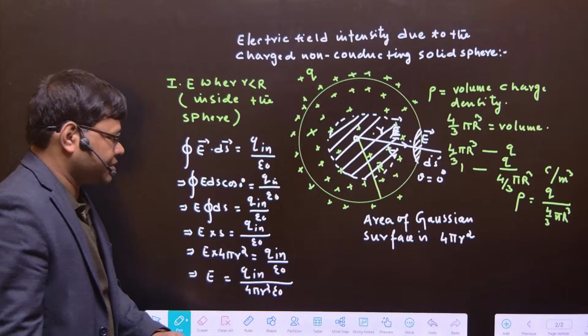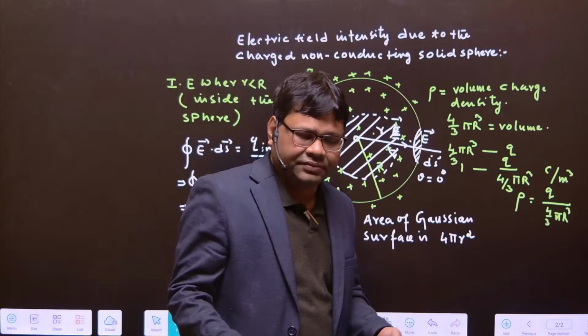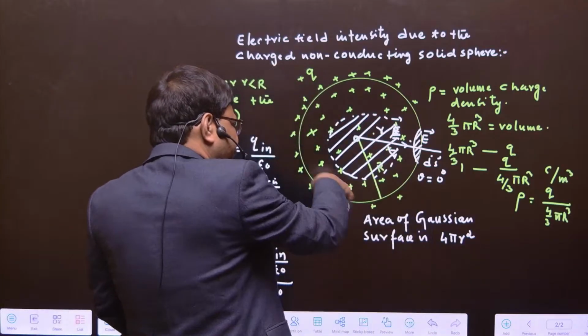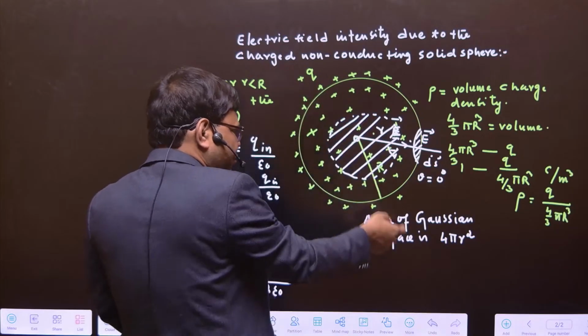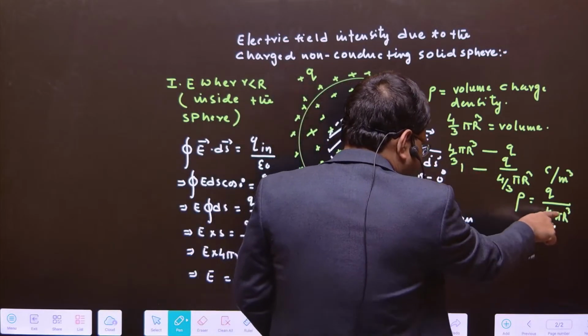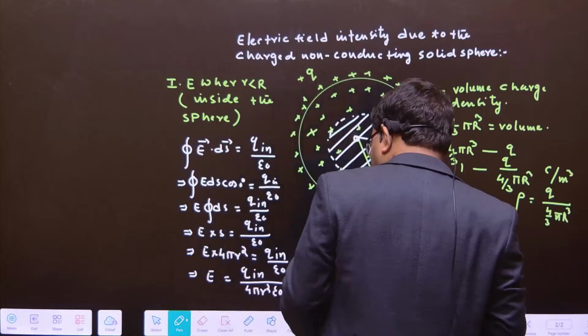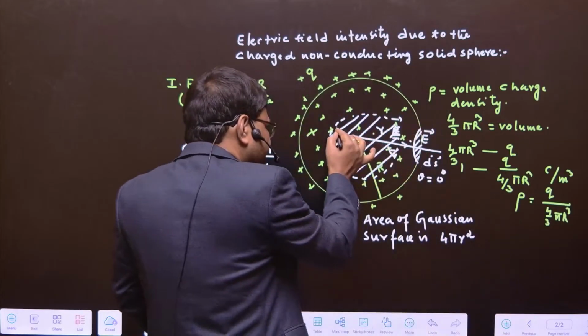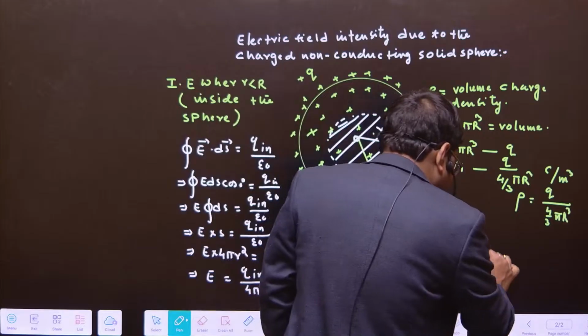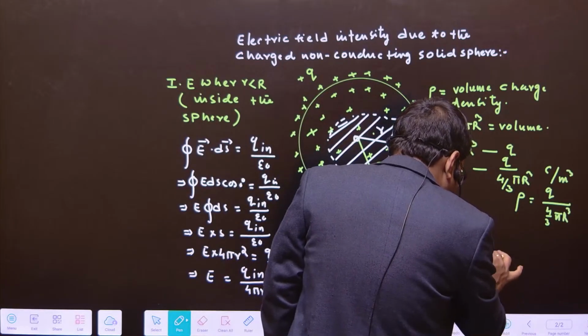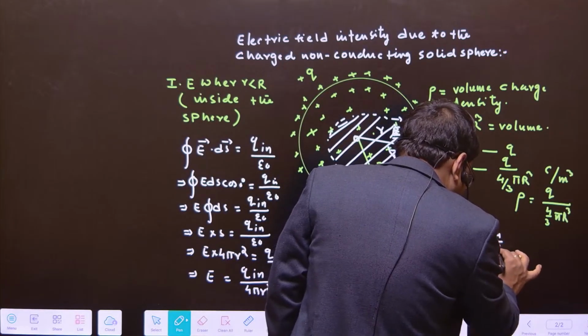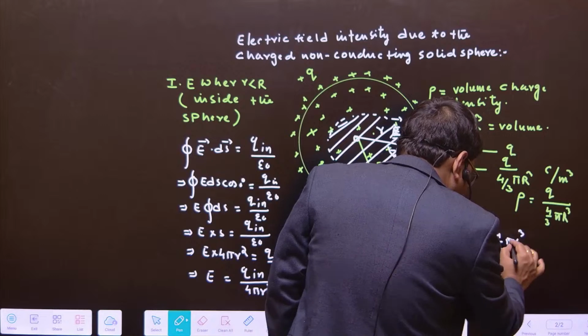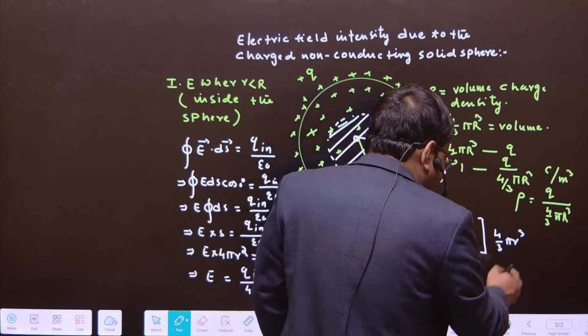But what is q in? Please see here. The charge is for the total volume; in unit volume, the charge is this one. So the volume of the Gaussian surface is 4 by 3 pi r cube. In this volume, what will be the charge?